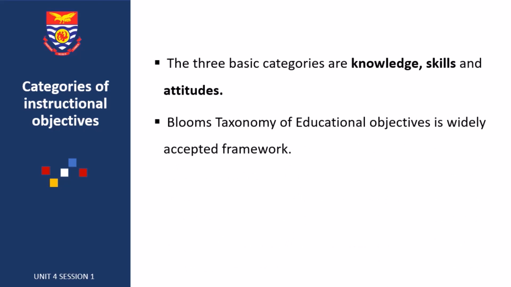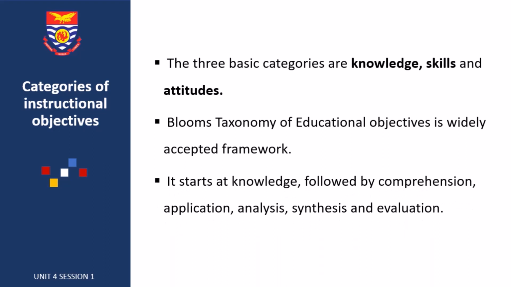Bloom's taxonomy of educational objectives is a widely accepted framework for stating instructional objectives, and it starts at knowledge, comprehension, application, analysis, synthesis, through to evaluation in a hierarchical or logical manner, such that at the knowledge level we have a lot of learners because it is at the base and is the lowest. So as we move from knowledge to evaluation, the complexity or what is expected of the learner increases.